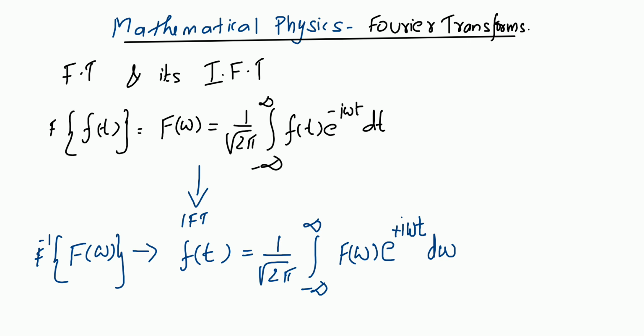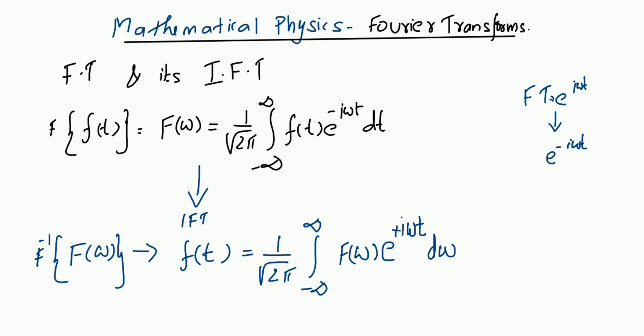So these are the Fourier transform pairs. Imagine someone used e raised to i omega t in the Fourier transform. Of course there is nothing wrong in doing that, but if you use e raised to i omega t in the Fourier transform, you need to use e raised to minus i omega t in the inverse Fourier transform. That's very important.